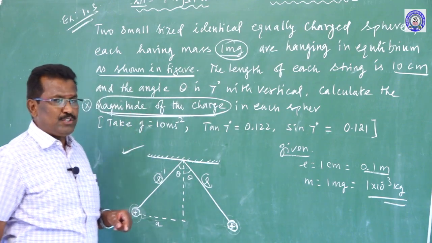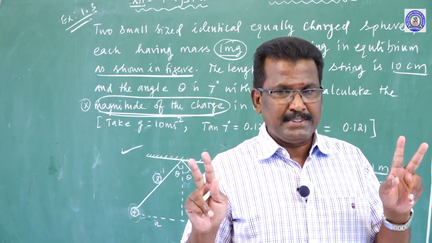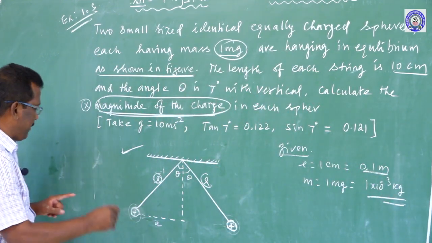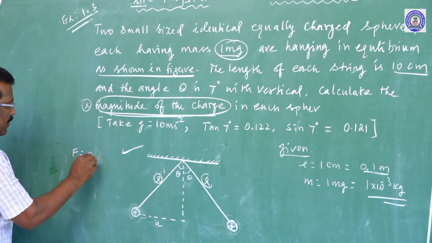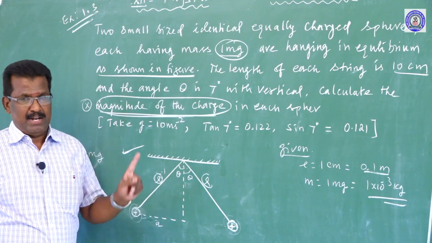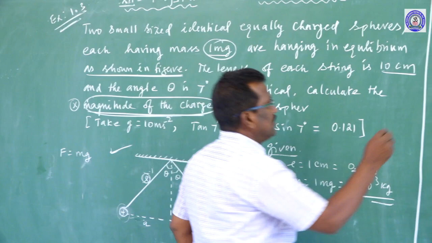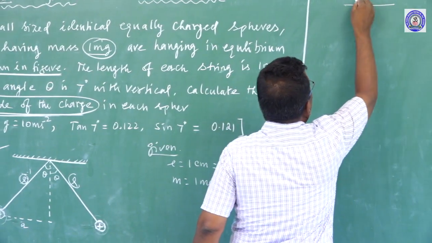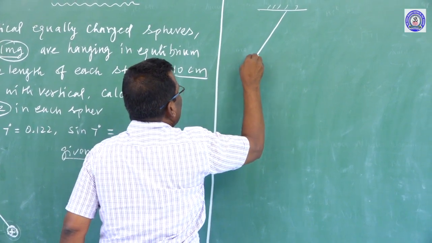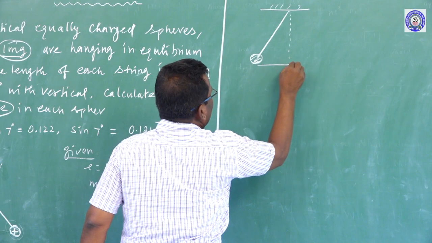Now we should do two important things. One is applying Newton's second law, that is force F is equal to ma, and the other is to apply a free body diagram on each sphere. Let us consider one of the spheres hanging in equilibrium position.